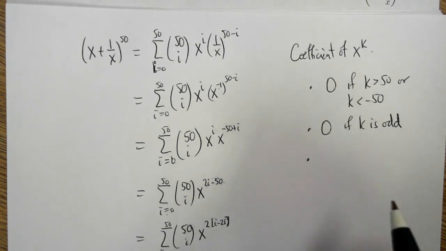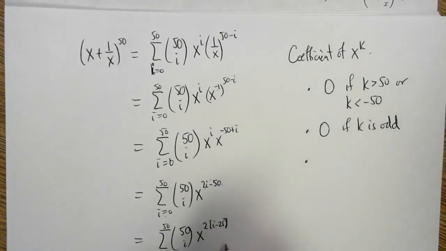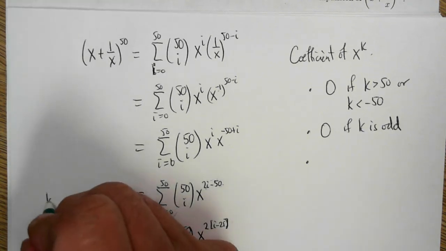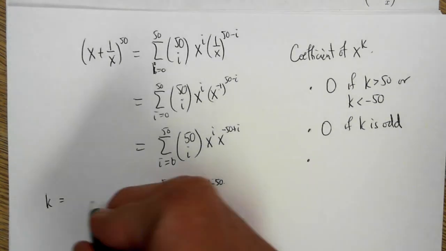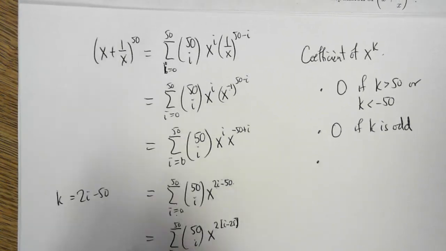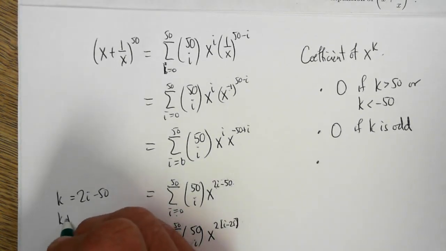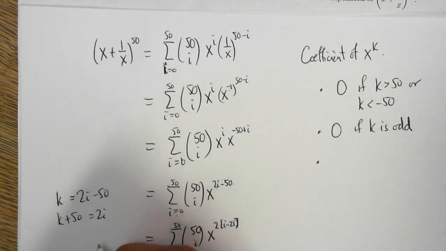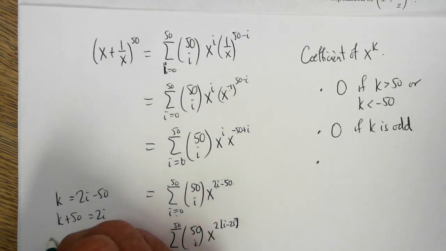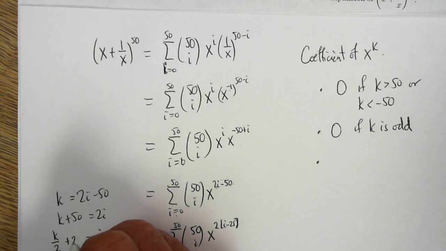Now, otherwise, what happens? Otherwise, if k is equal to 2i minus 50, then I can solve for what i would be. So k plus 50 equals 2i, which means i is equal to k over 2 plus 25.